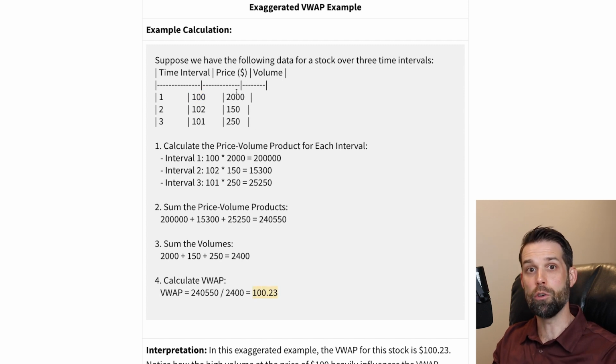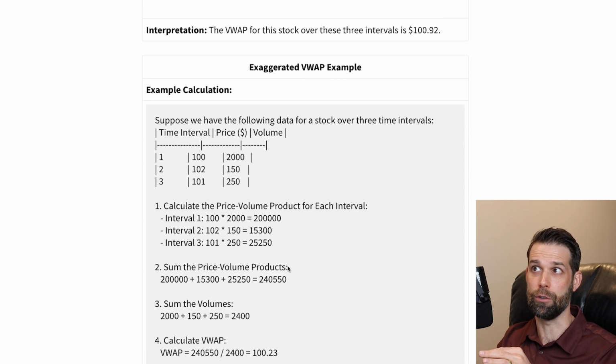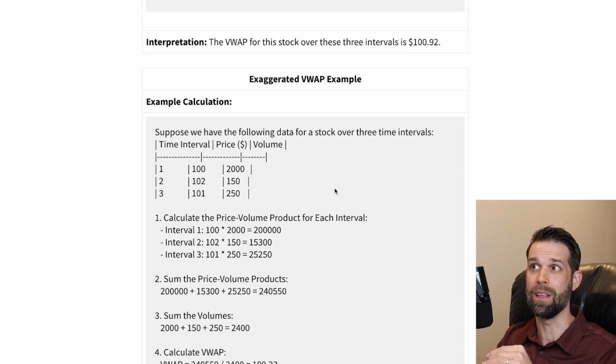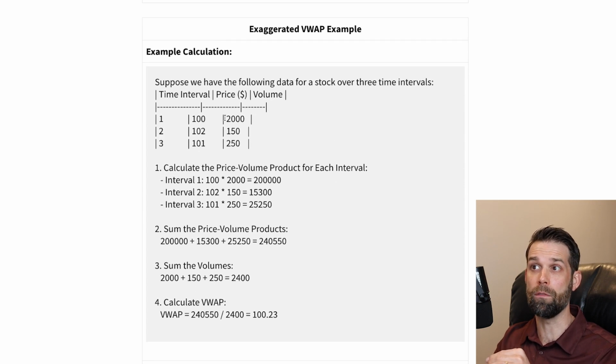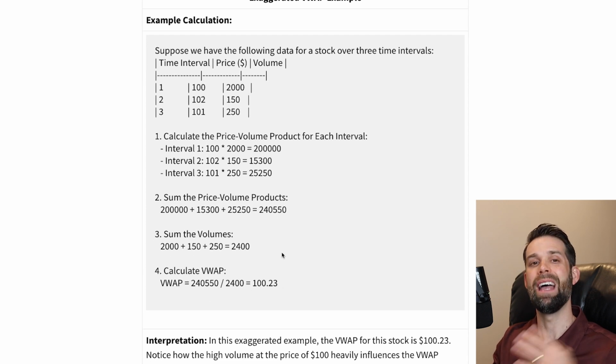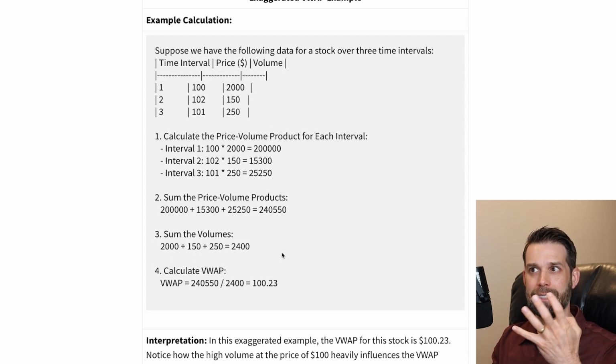So the volume on the trades at a lower price clearly impacts the VWAP, and now we've got a lower average. You got $100.23 versus the almost $101.92. So here it clearly shows that more volume at this lower price is going to affect the VWAP, and that hopefully gives us a better understanding of what this VWAP is and what this technical tool is.